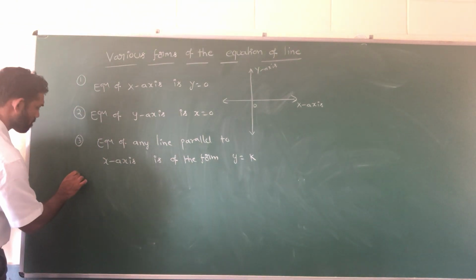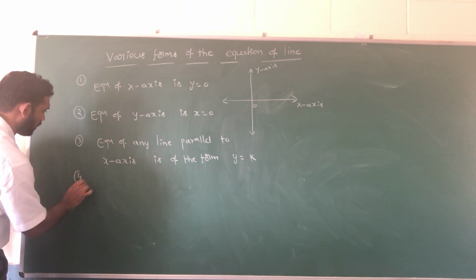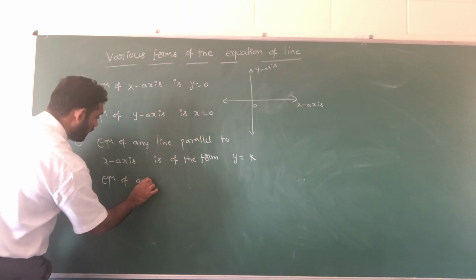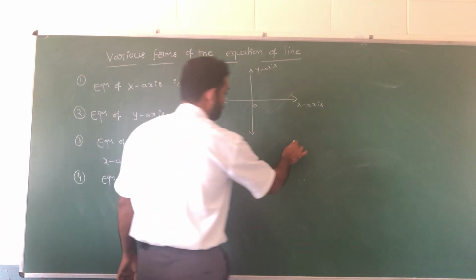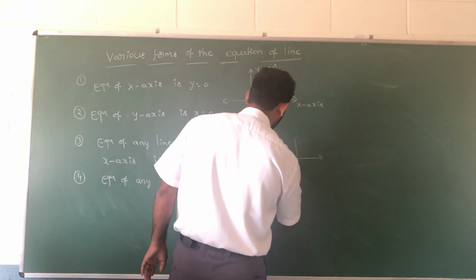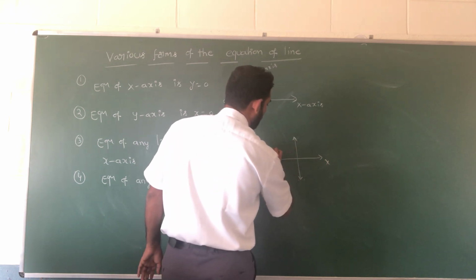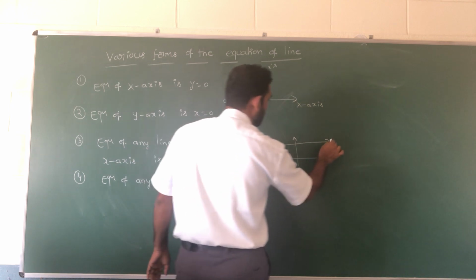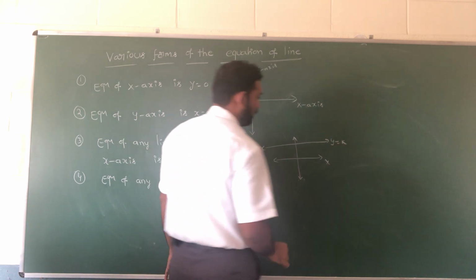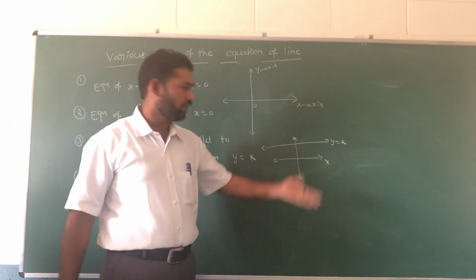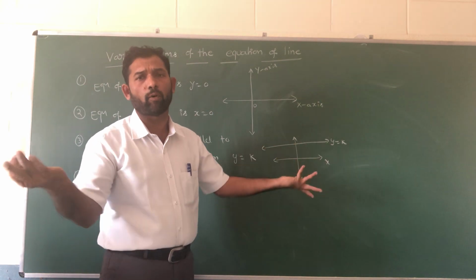Similarly, fourth point, like that diagram, for any line parallel to the x-axis the equation is y is equal to k. If it is on the downside, k is negative; upside, positive.